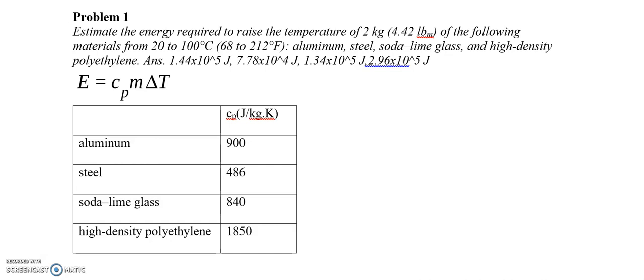So we have this data for the specific heat, which is the energy needed for 1 kilogram of the material to raise its temperature by 1 degree centigrade or 1 degree Kelvin.